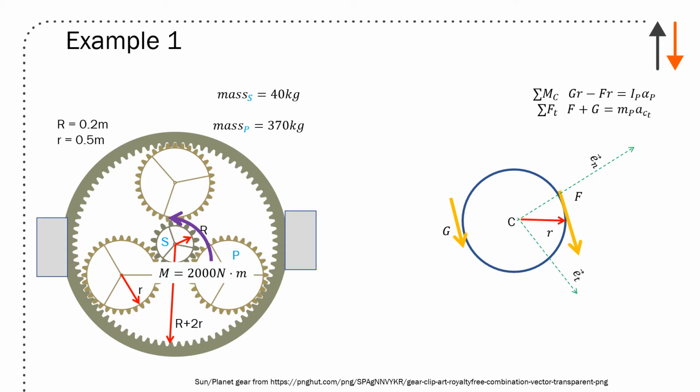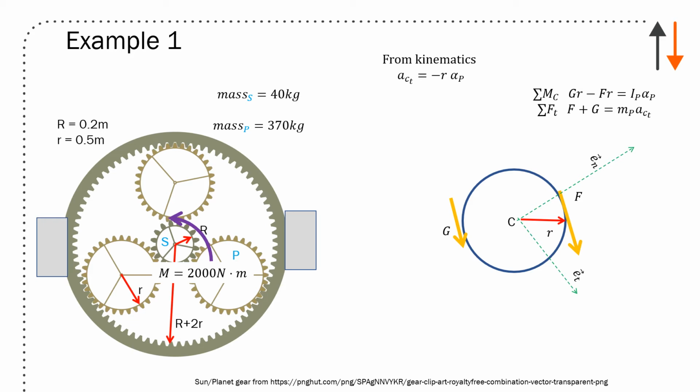Now I_planet, alpha planet. The force balance in the tangential direction, they're both in the same direction, is F plus G equals m_P a_t, where m_P is the mass of the planet gear and a_t is just the tangential acceleration of that planet gear.